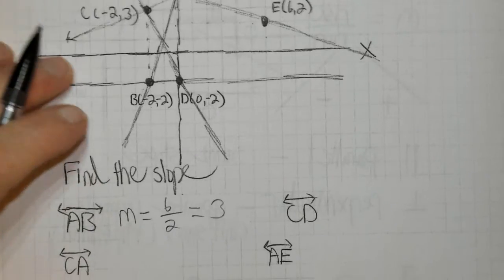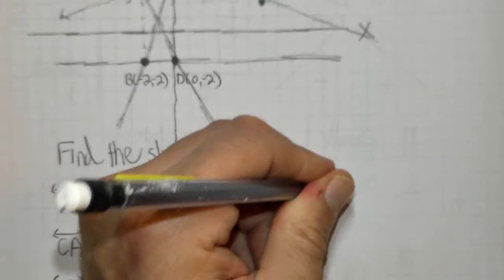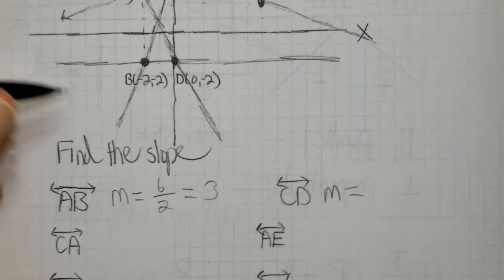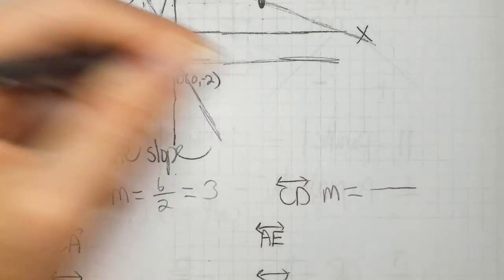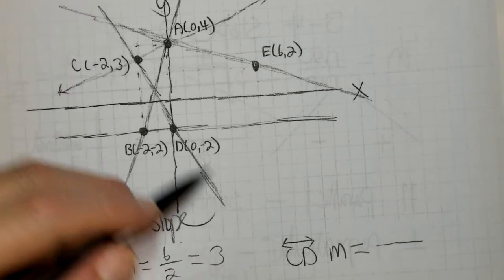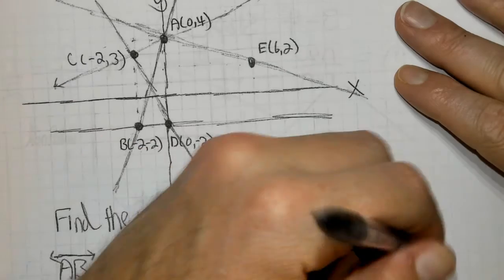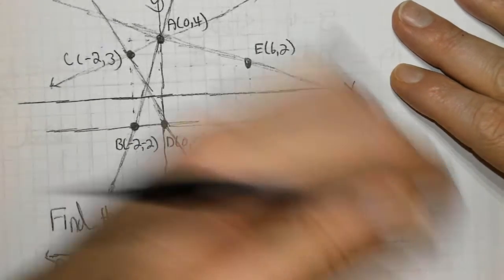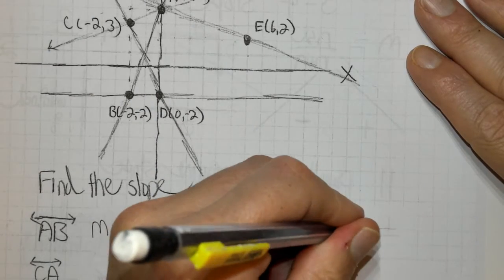What about the slope of CD? Let's try that one. So m equals, right? I want to find the slope now of line CD. Okay, so line CD is here. Just by looking at it, I should know that the slope is negative. And so as a matter of fact, I'm going to go ahead and put that in the front of the fraction because I know it's going to be negative something.